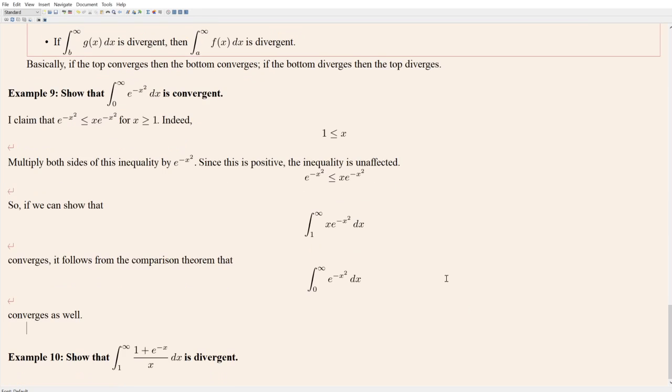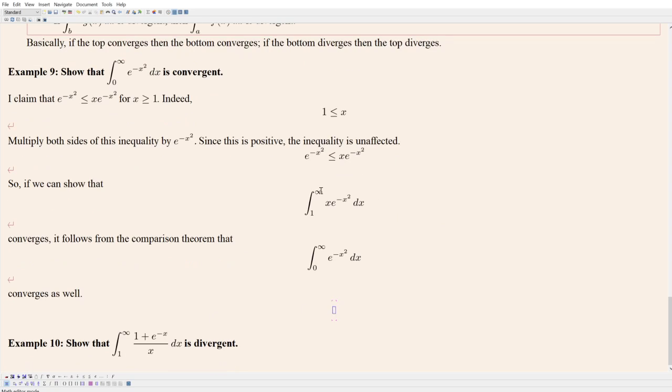So, let's go ahead and do that. We have shifted the problem onto the question of whether this converges. And that's a much better question to have because, as I've already said, this is something whose antiderivative we'll actually be able to compute.